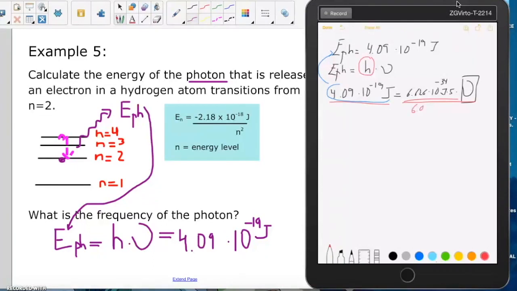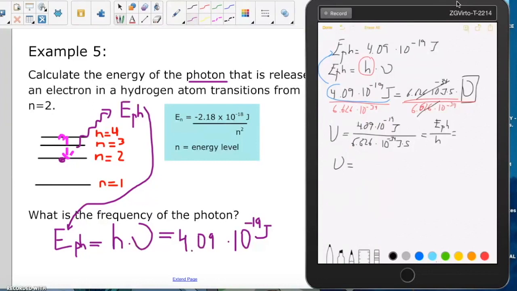Okay, so we're going to divide by 6.626 times 10 to the minus 34 on both sides, and that way this number is 1, and the frequency will be equal to 4.09 times 10 to the minus 19 joules divided by 6.626 times 10 to the minus 34 joule-seconds, okay, which is the same as dividing the energy of the photon over Planck's constant.